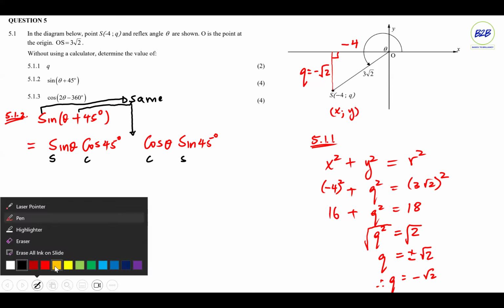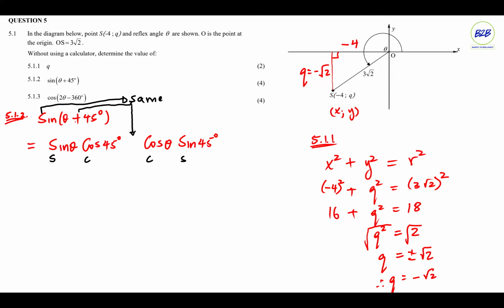So since we have a positive between theta and 45 degrees, we are going to also have a positive between those two terms. The sign remains the same. You can take that capital letter S from sine as sine stays the same. All right, let's move along.